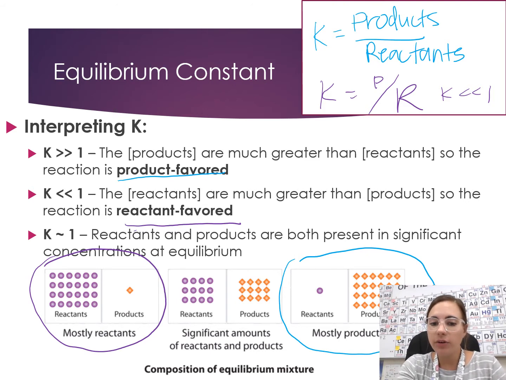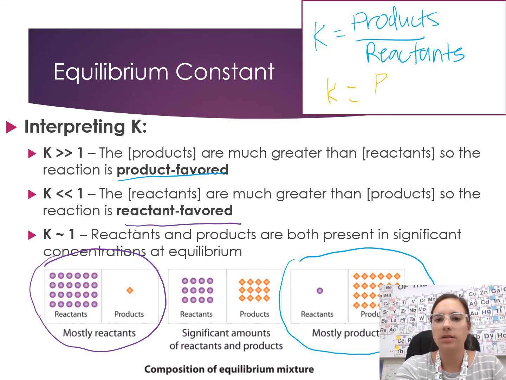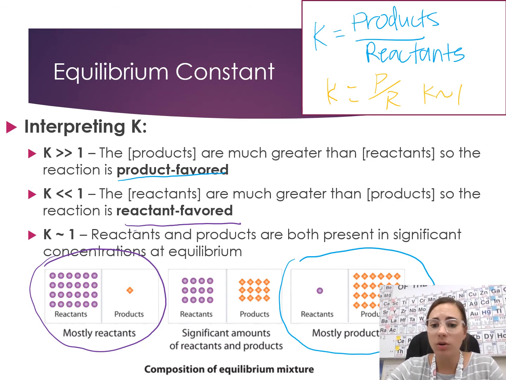Now, every so often, we will have a time where the concentration of reactant and concentration of product is about the same. That would give me a K value of almost 1.